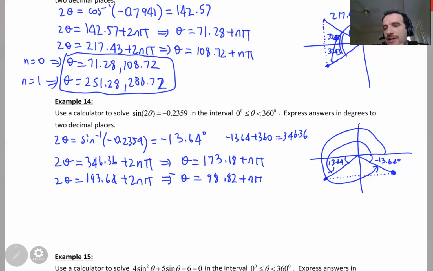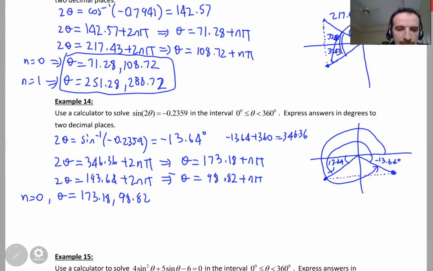To do so, just try a couple of n values. For n equal to 0, theta is equal to 173.18 and 98.82.